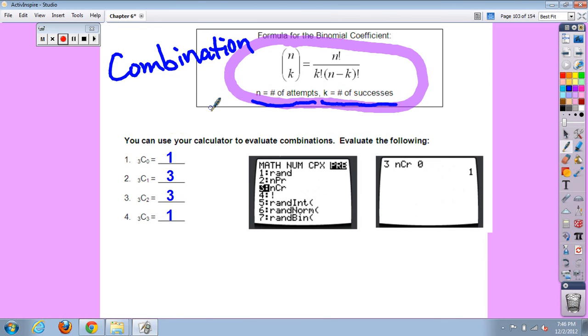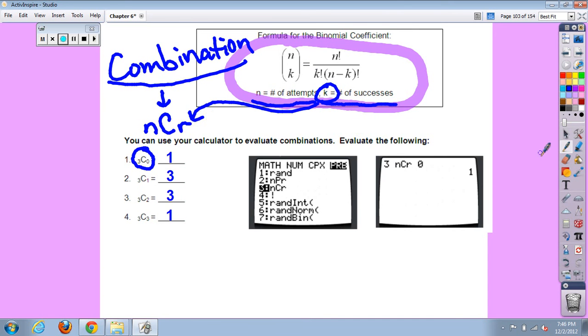So there's a number of ways we could write this, so you'll see a few different examples. This is one way of writing a combination where it's nCr, where the combination is the C here. n is our number of attempts, and r is our k, our number of successes here. So you might see k used, you might see r used.